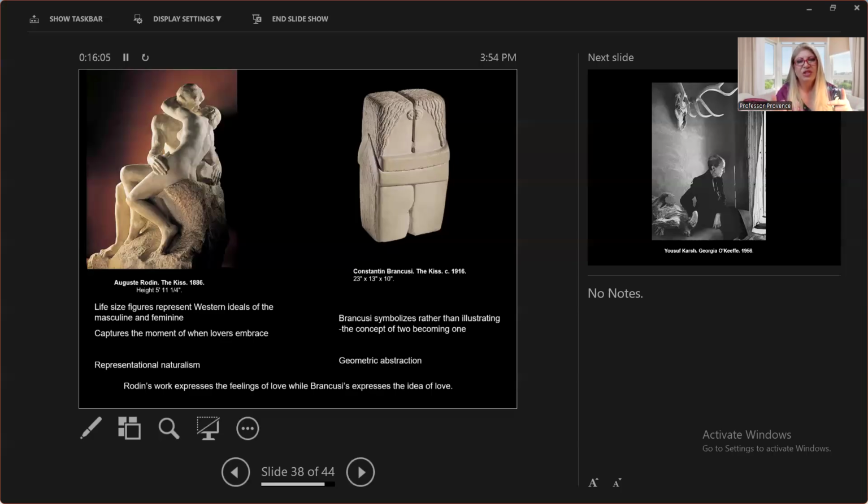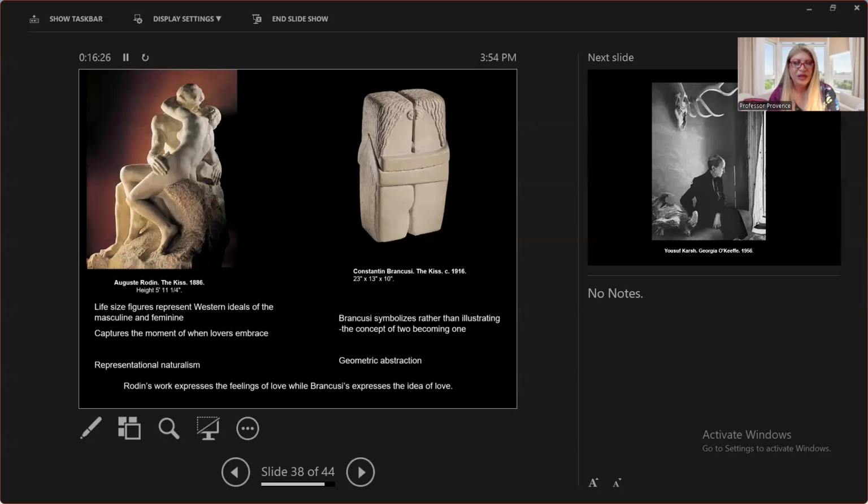That form is changed on purpose because the meaning doesn't need to be represented in any other way than what the artist is trying to give us, right? So Rodin's work is trying to tell us about the feelings of love between the heterosexual couple that we have here.